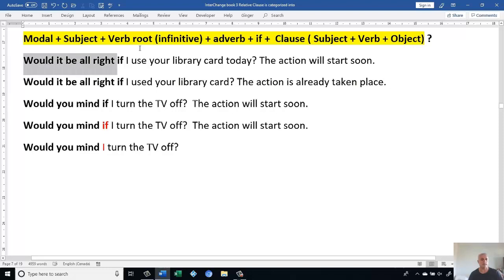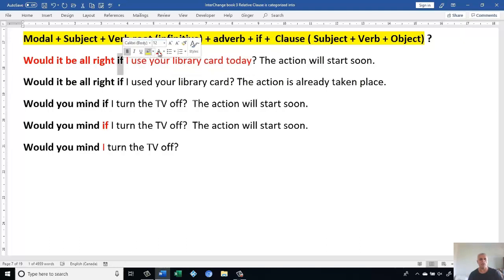Would it be alright? That's my first sentence, starting with the auxiliary verb. Then the second sentence starts here. I use your library card today, which connects the two clauses by if. That's what we call if clauses.